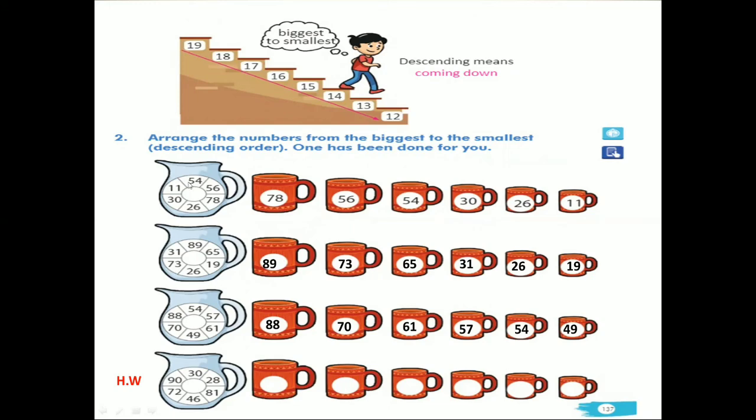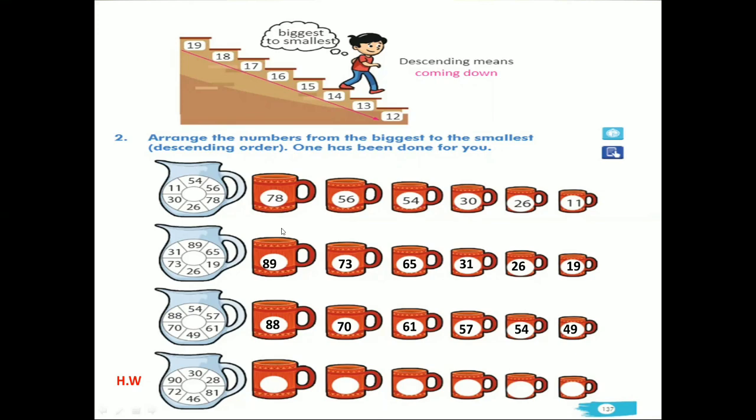Here we have the numbers 54, 56, 78, 26, 30 and 11. When we want to arrange them in descending order, firstly we have to find out the larger one. The larger one is 78. After that, arrange 56, 54, 30, 26 and 11. Such an arrangement is known as descending order.